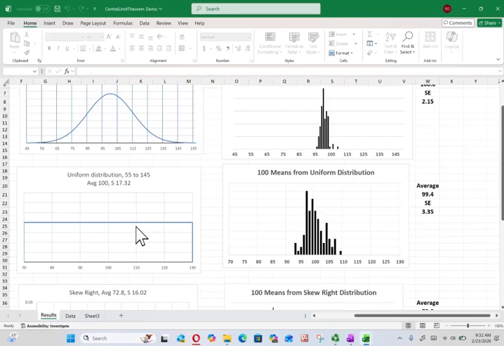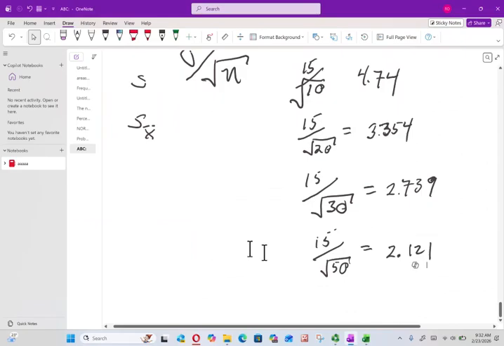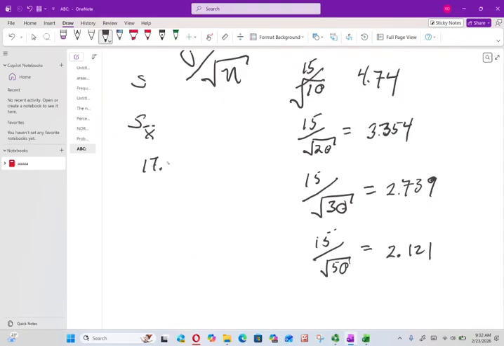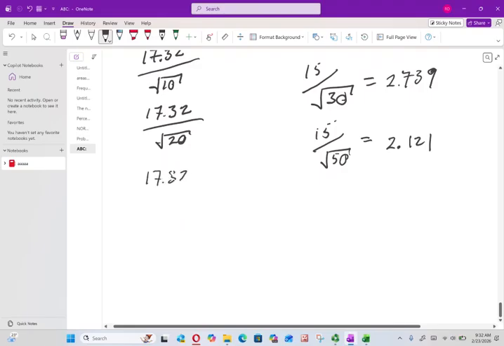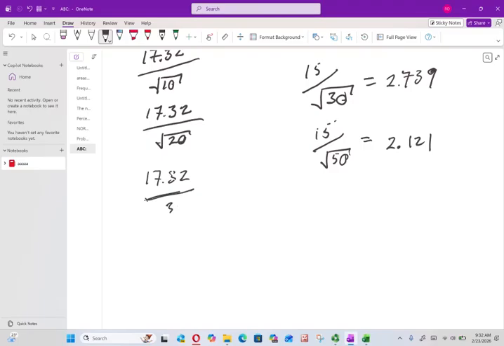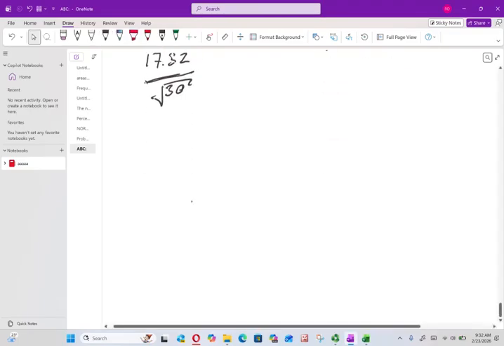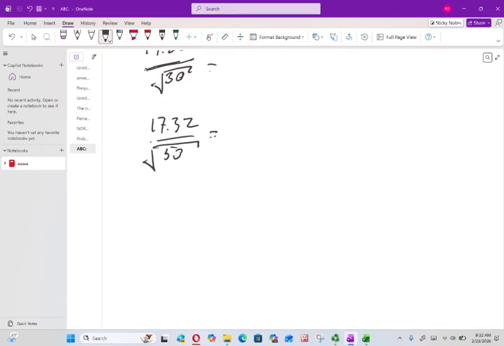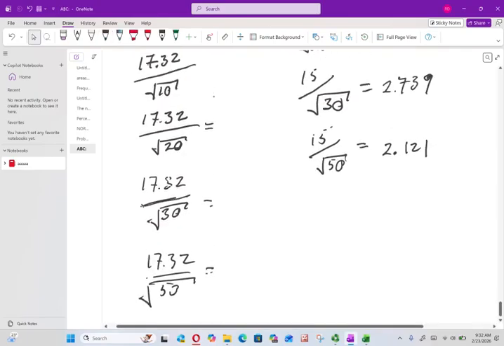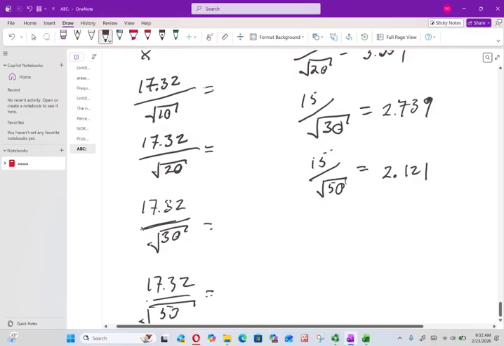For the uniform distribution, the standard deviation of the population is 17.32. If we do the same thing, and divide by the sample size, square root, we will get the estimate of the standard deviation of the sample means, called the standard error.